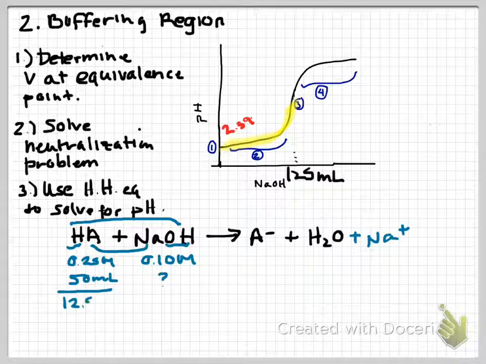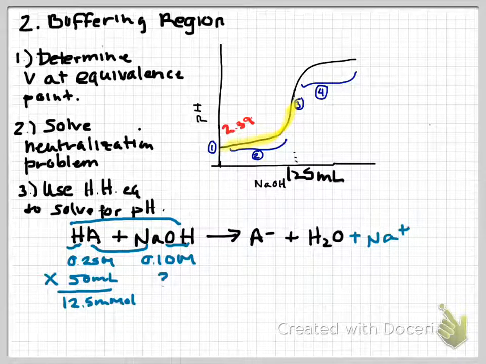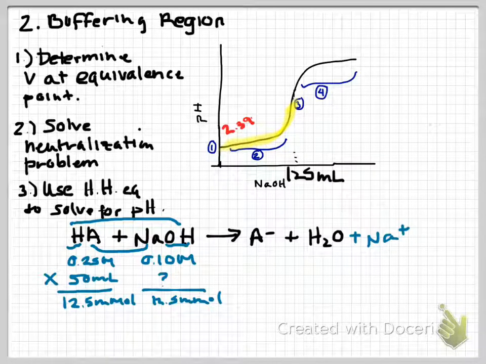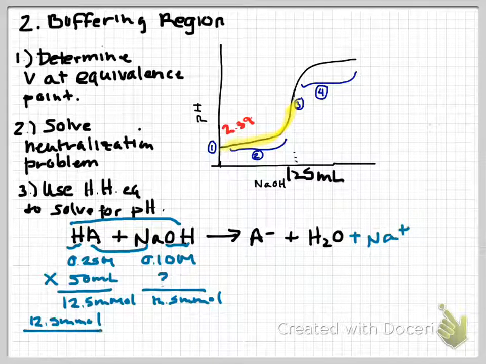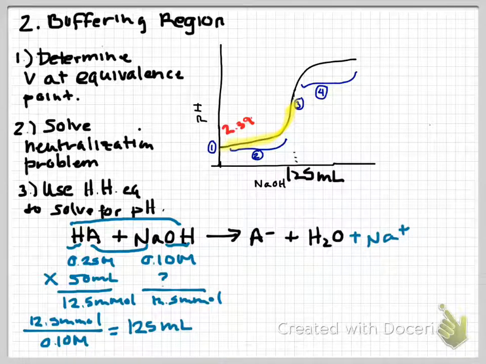I have 12.5 millimoles of acid, so I have to have 12.5 millimoles of my base at the equivalence point. I take 12.5 millimoles divided by my molarity of the base, and that gives me 125 milliliters.